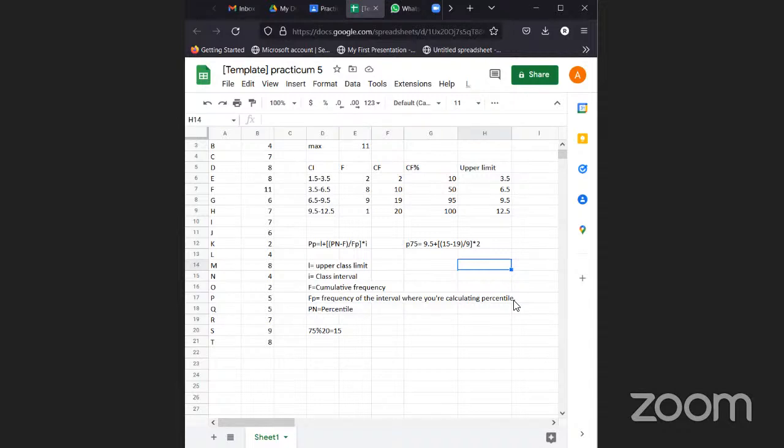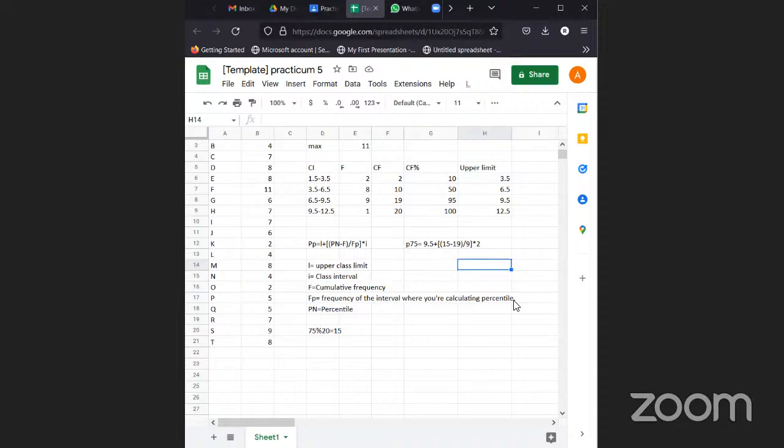Okay, 15 minus 19 is minus 4, right? Minus 4 divided by 9 is minus 0.44. That into 2 is 0.88, right?